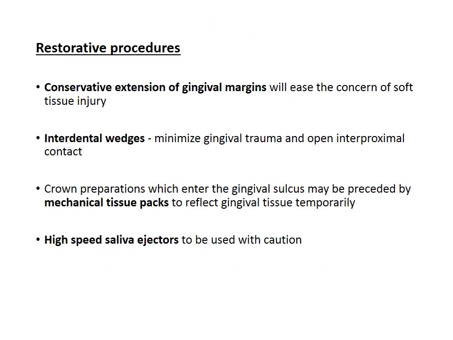So in restorative procedures, conservative extension of the gingival margins has to be done, so that you do not injure the soft tissue. Conservative treatment or extension of the margins of the restoration needs to be done. Interdental wedges minimize the gingival trauma and open intraproximal contacts, so there will be less trauma or injury to the tissues.